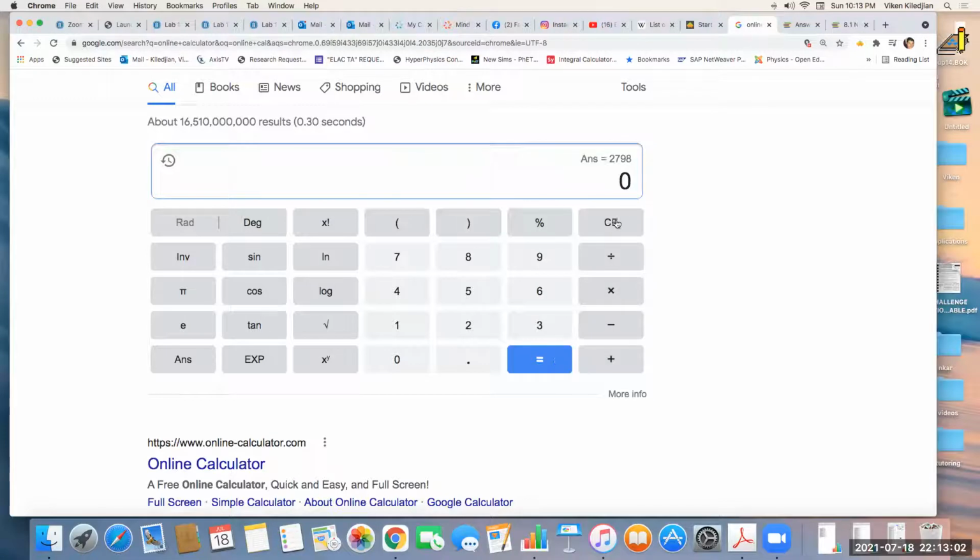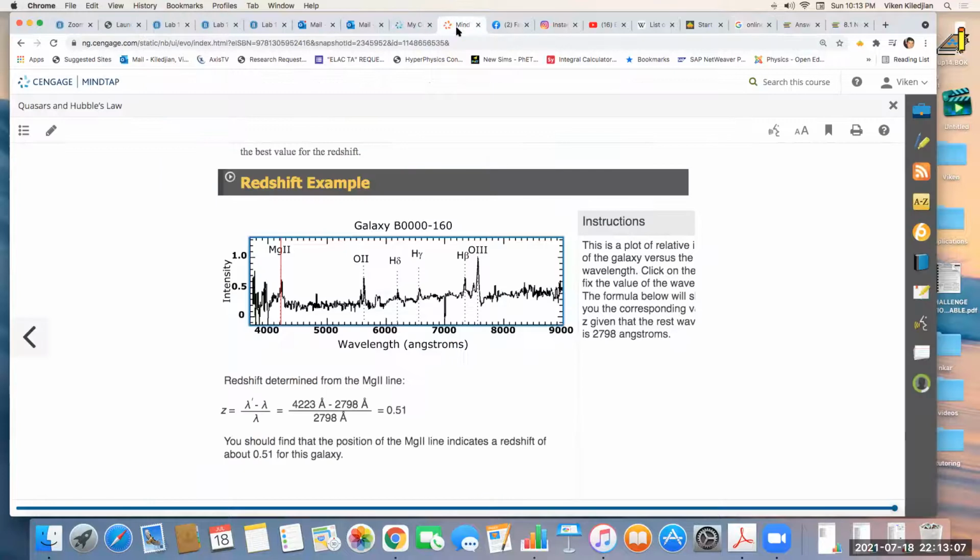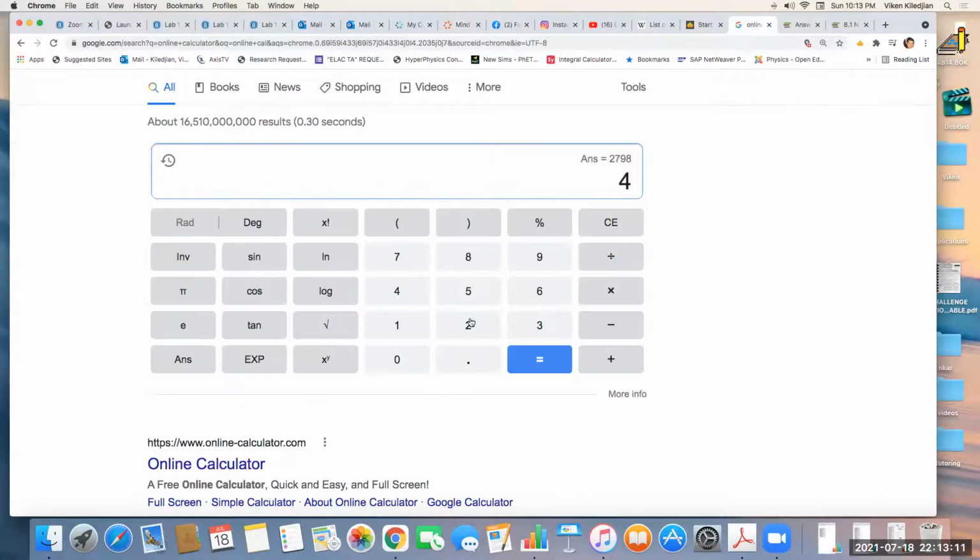Let's do this: 4223 minus 2798, close parentheses, divided by 2798.